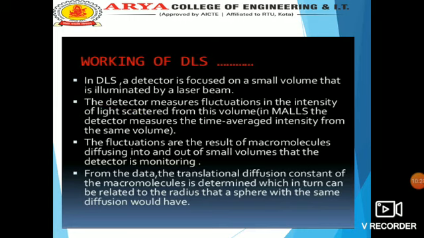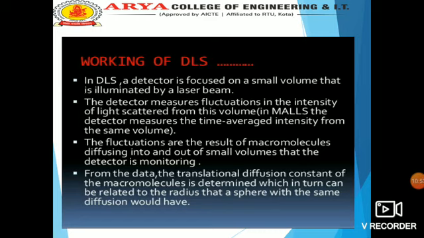And the working of DLS: in DLS, a detector is focused on a small volume that is illuminated by a laser beam. The detector measures fluctuations in the intensity of light scattered from this volume.